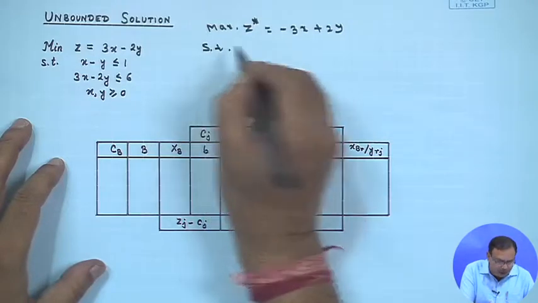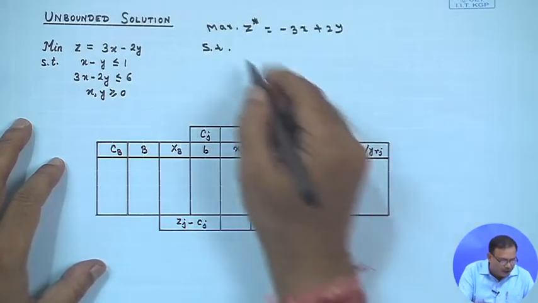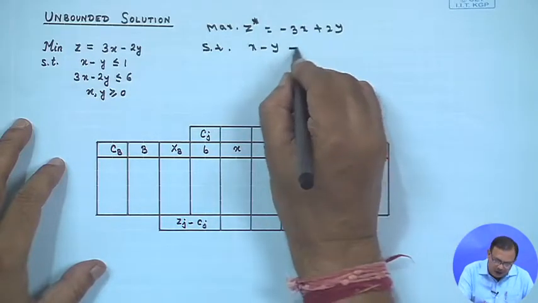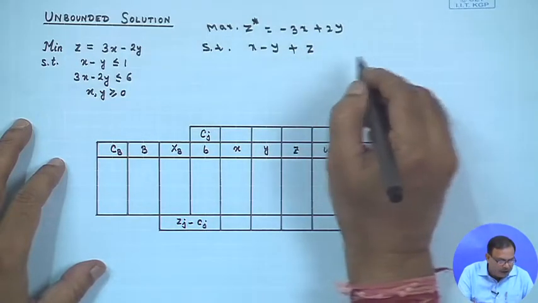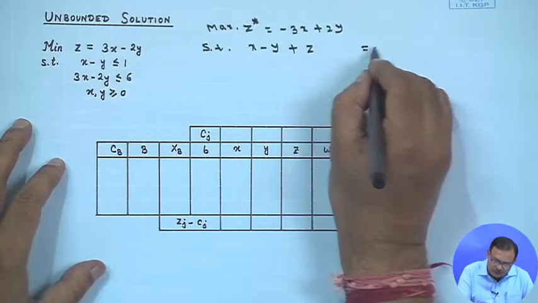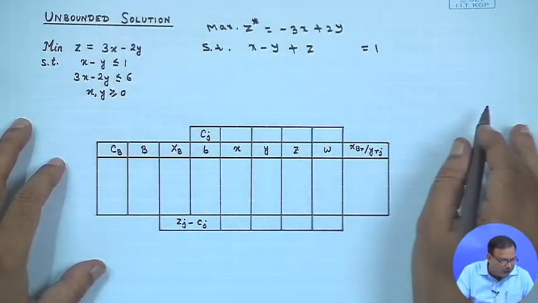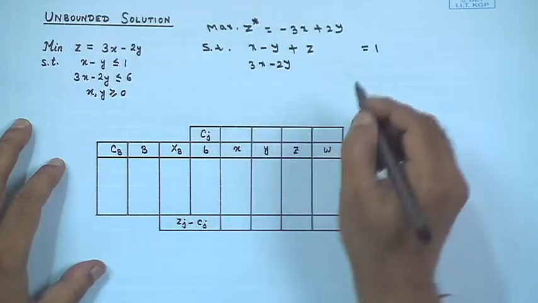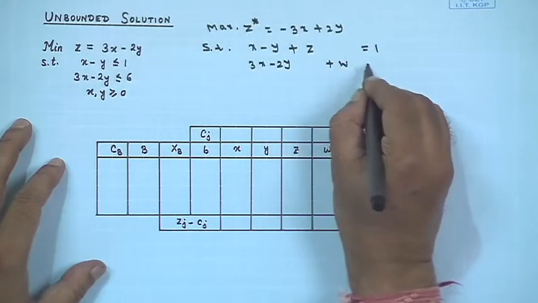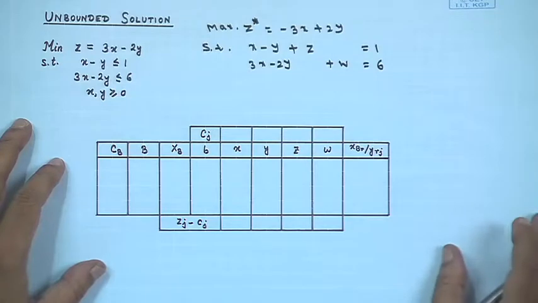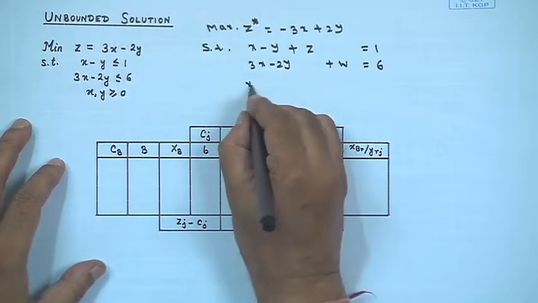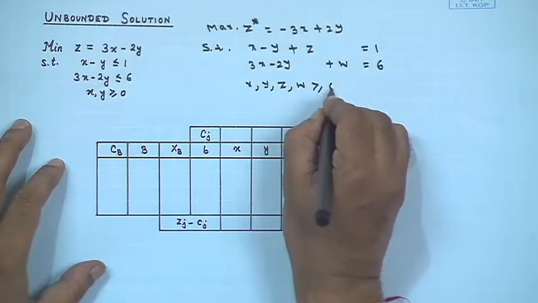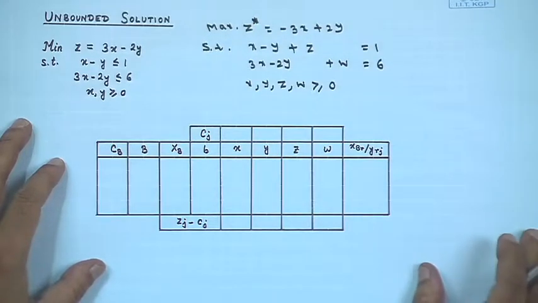So, subject to x minus y plus z equals 1, and 3x minus 2y plus w equals 6, where x, y, z and w are all greater than equals 0.